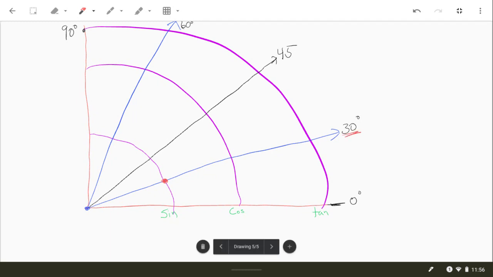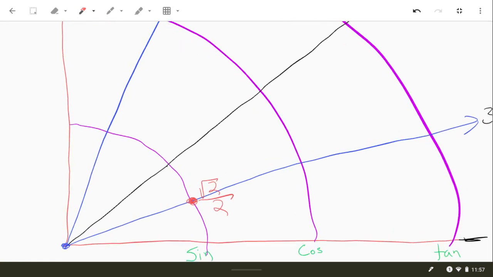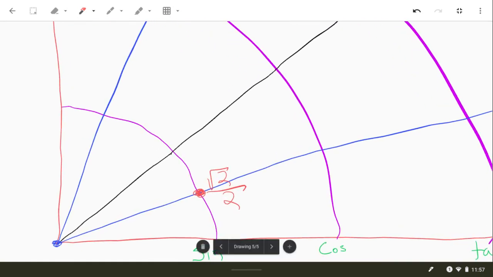Sine of 30, if you go back and watch that other video where I derived it, was 1 over root 2, I believe. Or was it root 2 over the square root of 2? I'm definitely wrong, aren't I? Yeah, I know what it is.